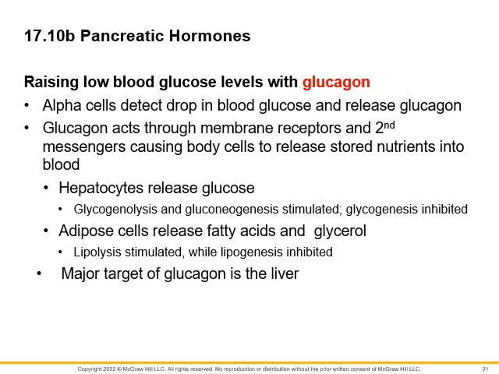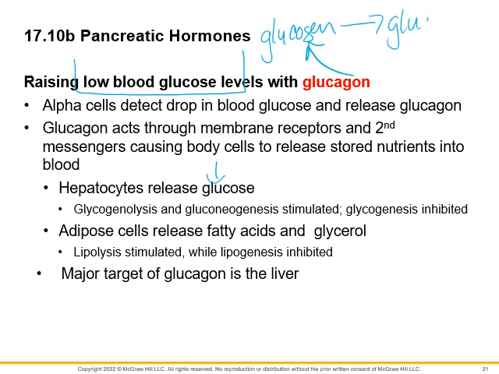Glucagon is the antagonistic hormone. So the stimulus trigger for glucagon is low blood glucose. So if your blood glucose levels drop too low, your pancreas is going to release glucagon. And glucagon is going to release glucose. So I'm going to do it up here. Glycogen. Glucagon is going to tell the liver to take glycogen and break it down into individual glucoses.